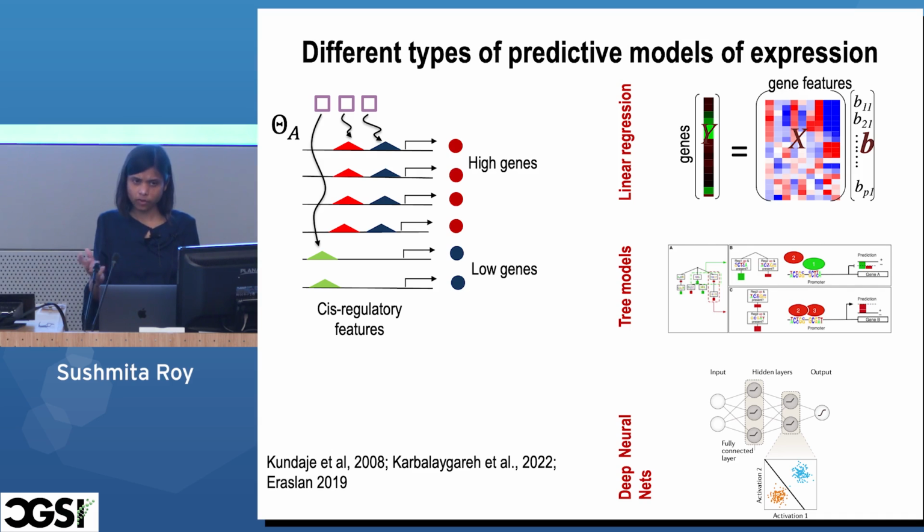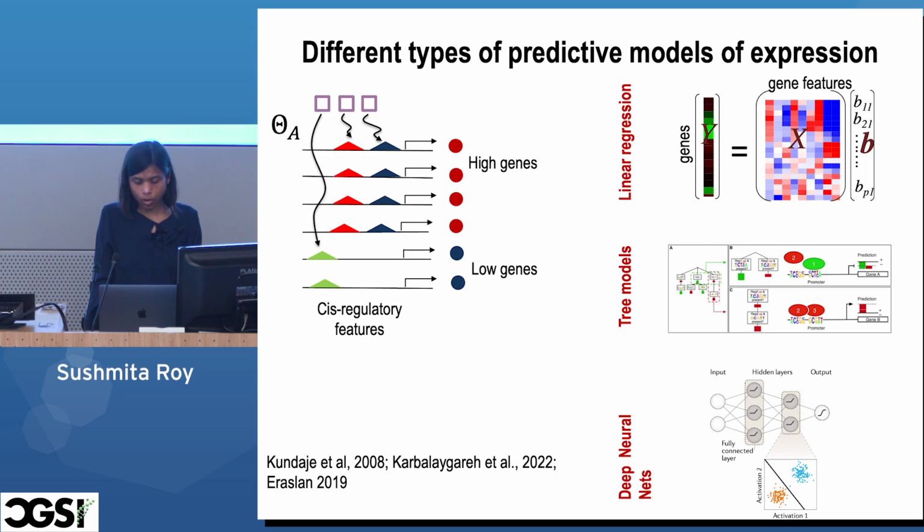So the first set of methods, and still used, are linear regression based methods. So here we have a vector y, and we have features that are really promoter features like transcription factor binding signals or histone modifications, and we are trying to estimate what is this expression level as a function of these different features, and we fit a linear function.